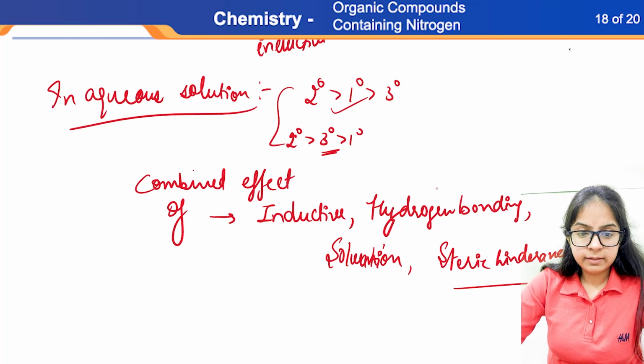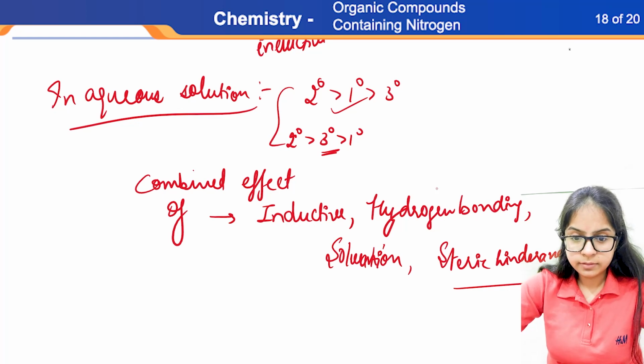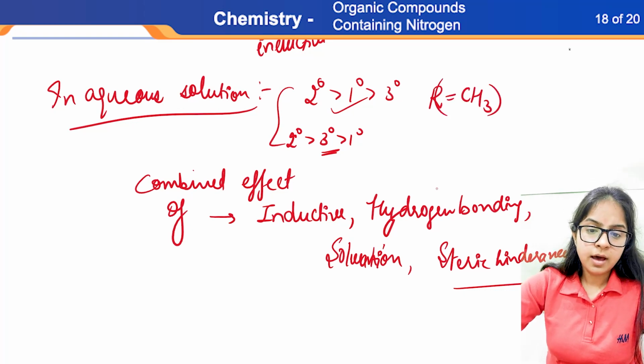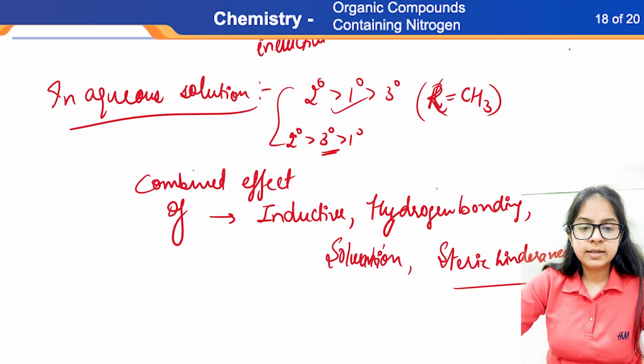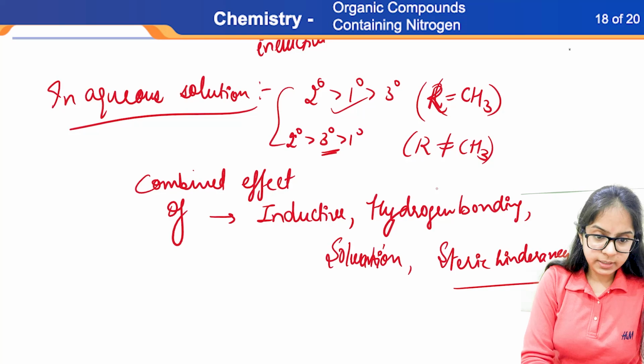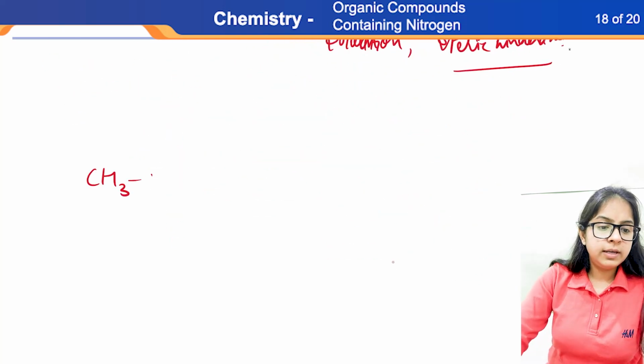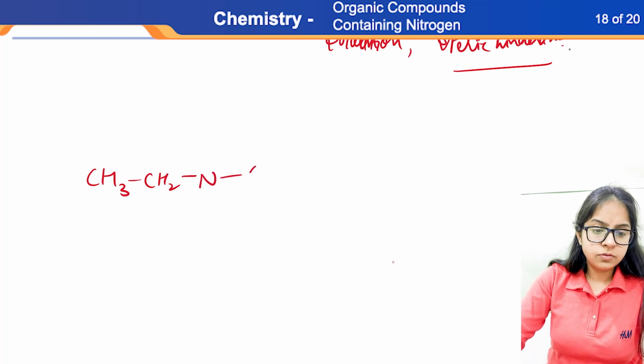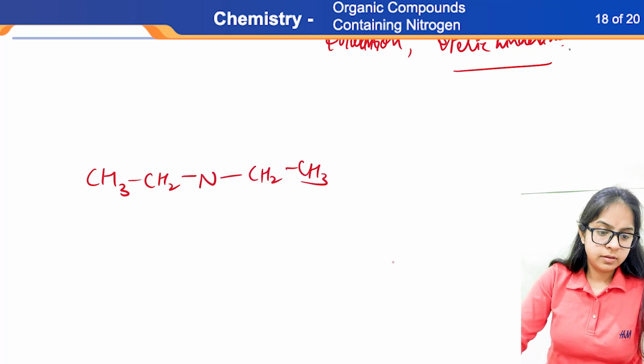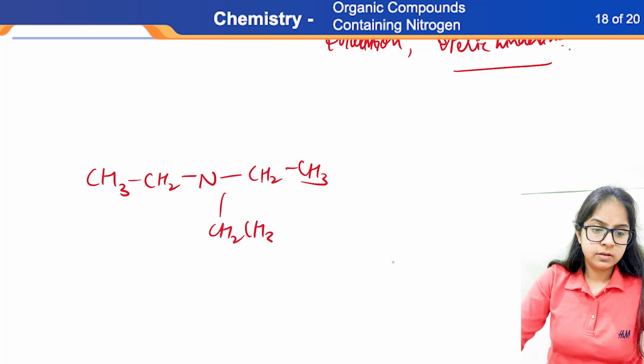So if R is equal to methyl, then this is the correct order, because methyl is going to be shifted by this one, 1 degree. If R is not equal to methyl, then 2 degree, 3 degree, 1 degree, because if 3 degree is there, only 2 hydrogens are compensating, so you can take this one.